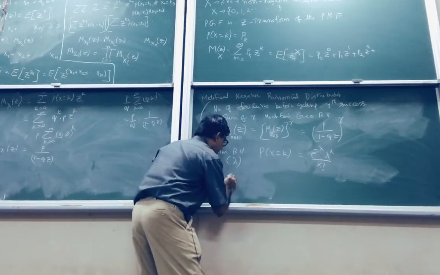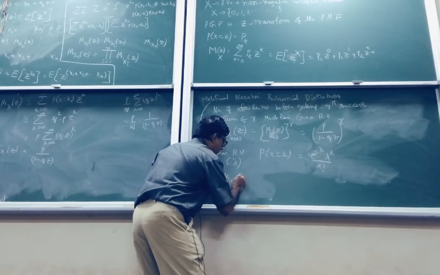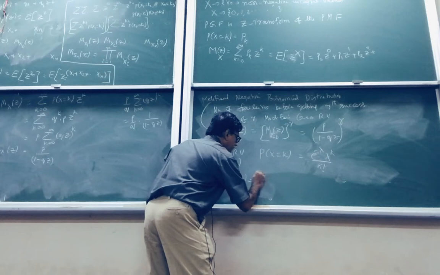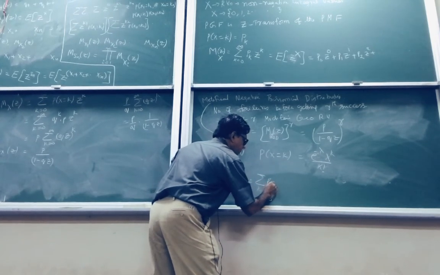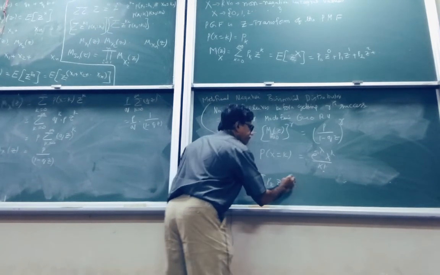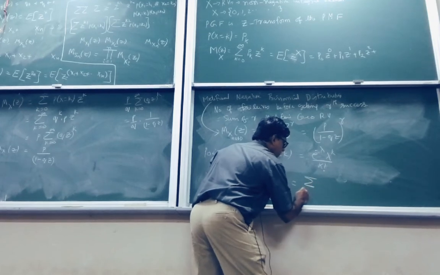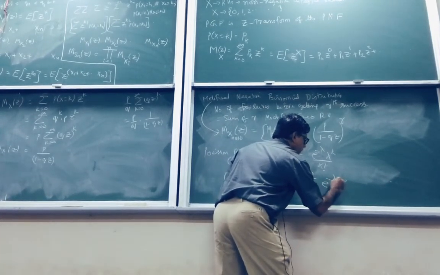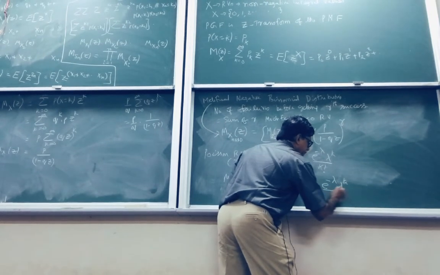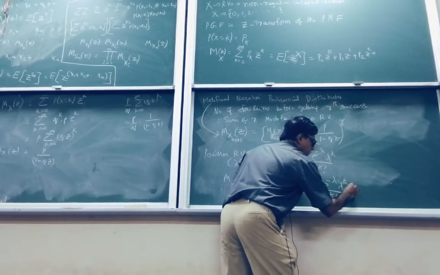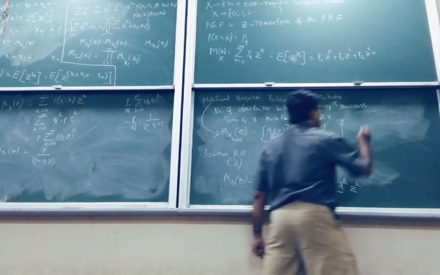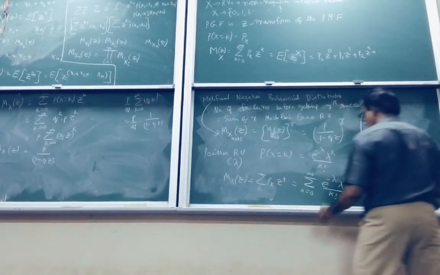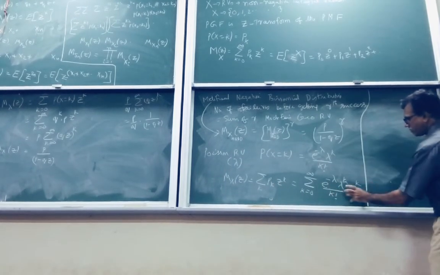So you will get M_X of z as the sum of p_k z power k.